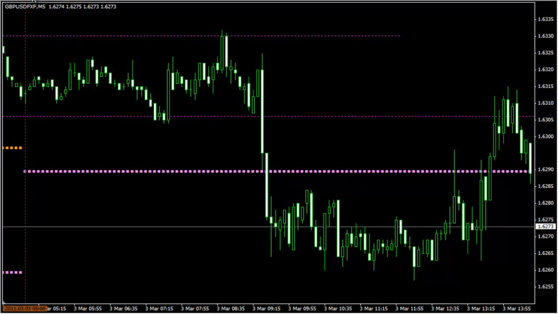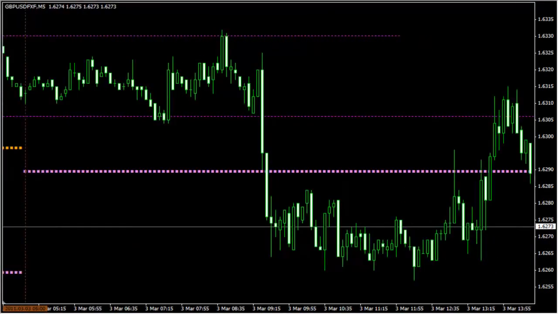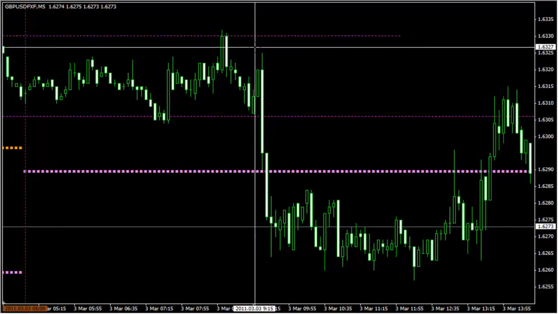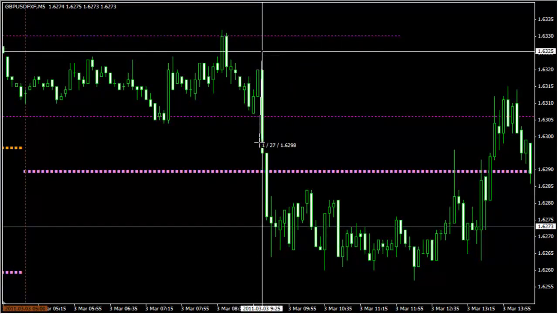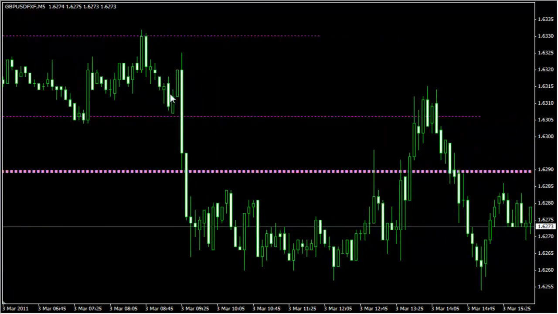I mean, if you went short and covered the short in this area in here, it's about 50 pips or so with spread. That's not bad. That was the London setup.